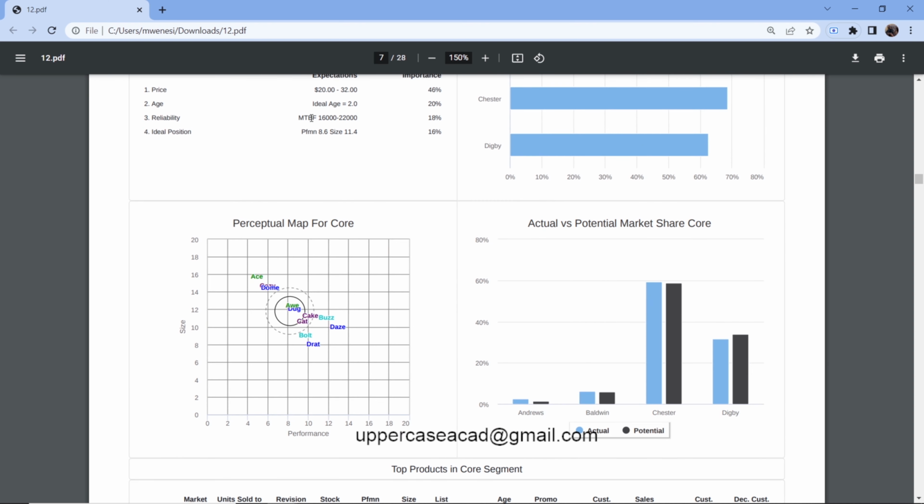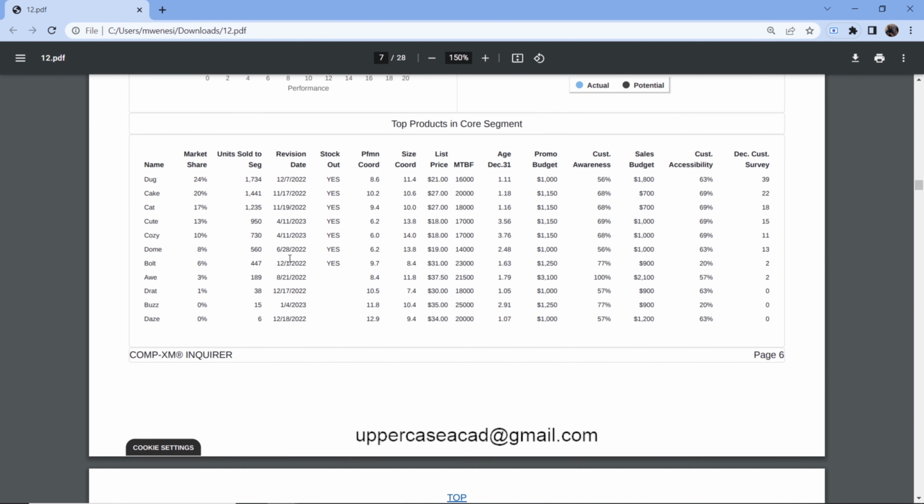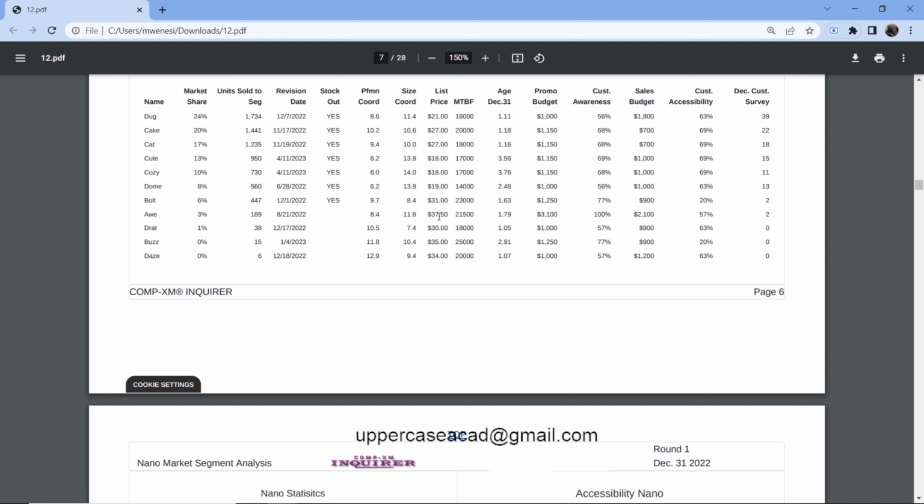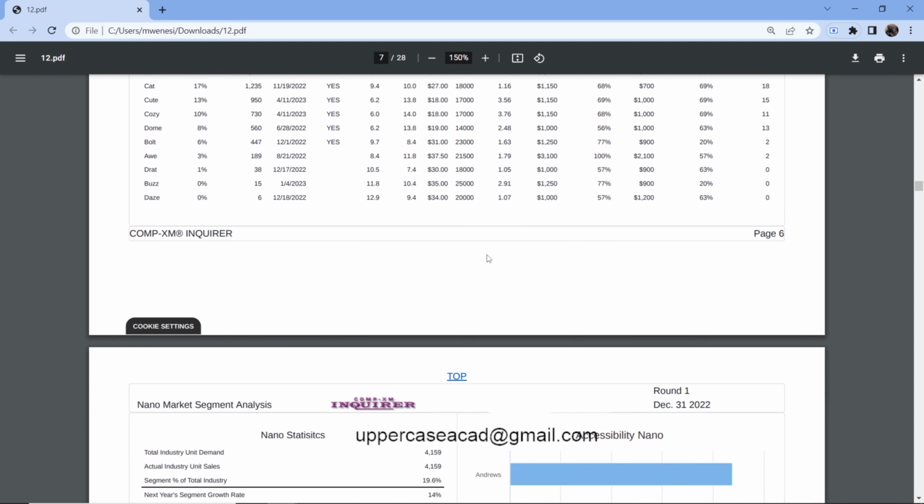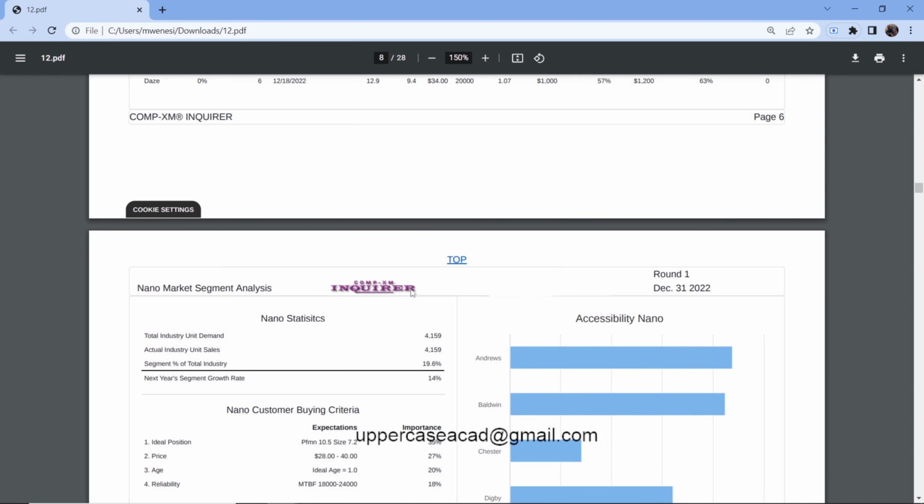The third one, MTBF, is between 16,000 and 22,000. They had an MTBF of 21,500, which again was good. In terms of customer survey, they had 2, which was not good. They didn't sell most units, and this will result in them getting a storage fee for the unsold units.